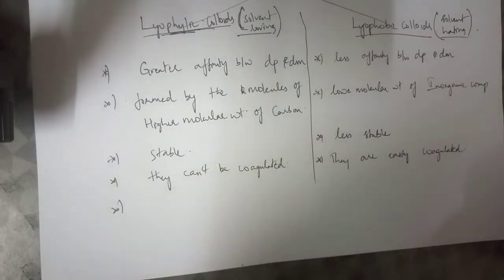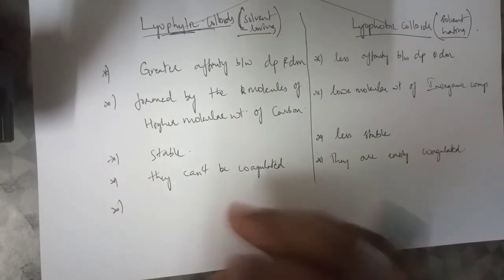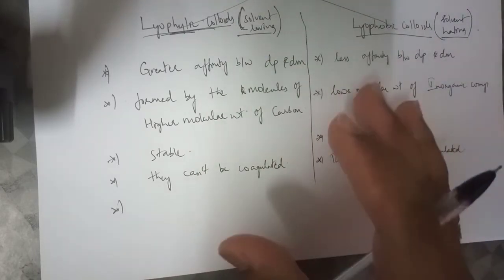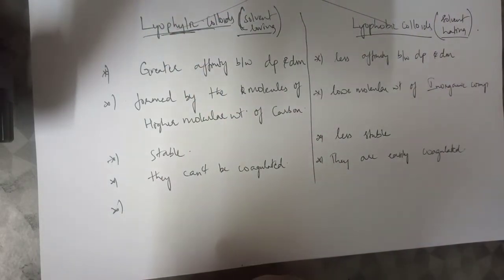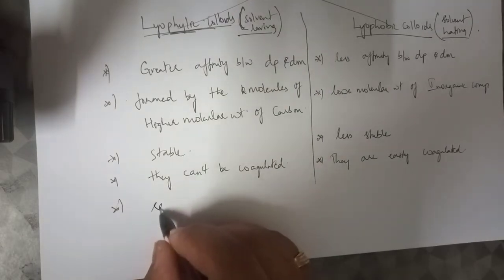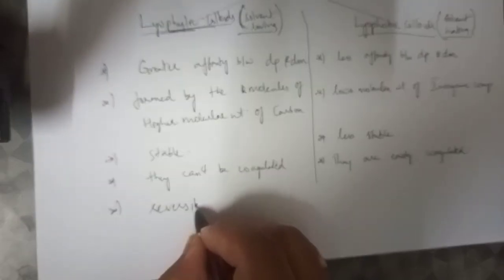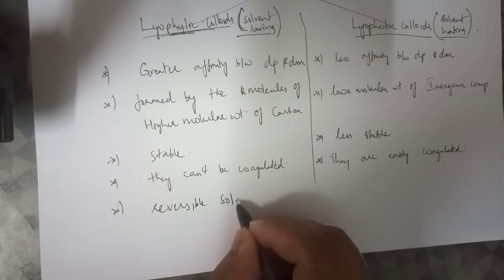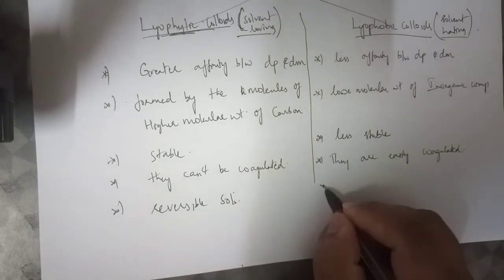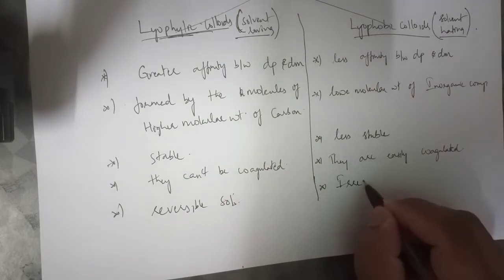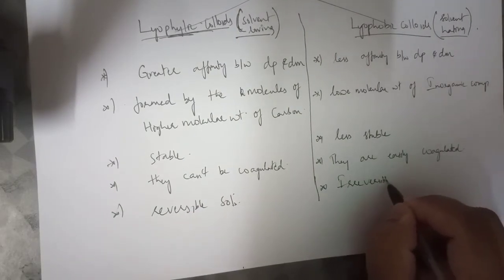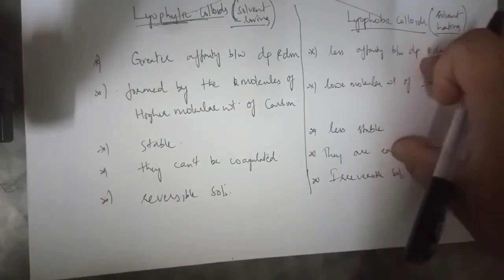Remove that separation, whatever it is, or just drop the solute particles again in it, and it automatically forms the lyophilic colloid. So in other words, it is easily reversible. They are reversible, whereas these fellows are irreversible. So these are the basic differences between the lyophilic and lyophobic colloids.